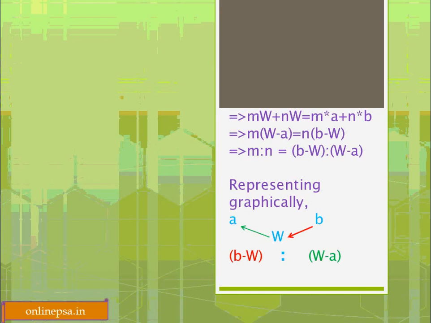Here we write the mixing solutions to be A and B and the resultant solution to be W. We minus W from B and write it here, B minus W, and we minus A from W and write it here, which is W minus A. This gives us the ratio M is to N, B minus W divided by W minus A.